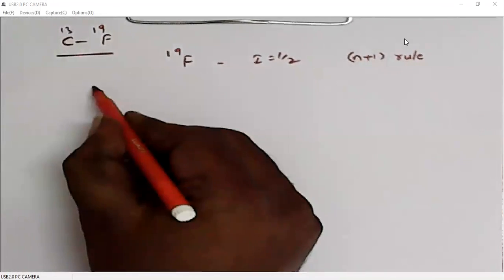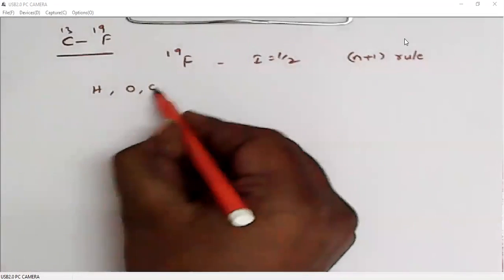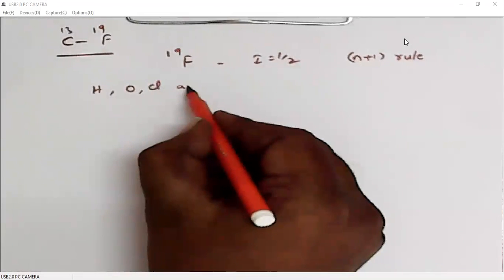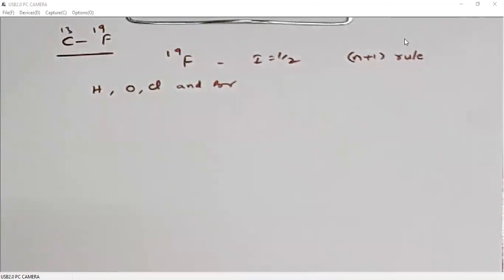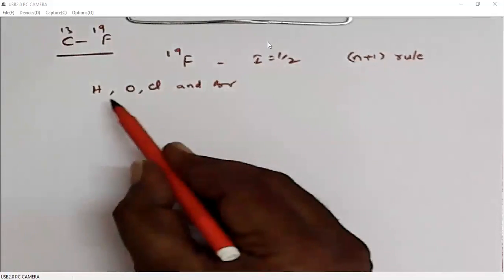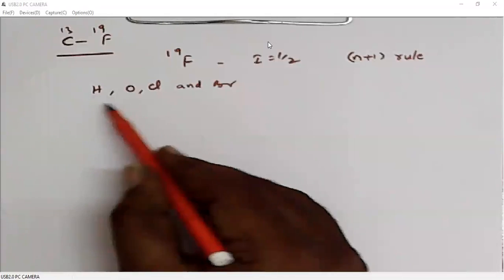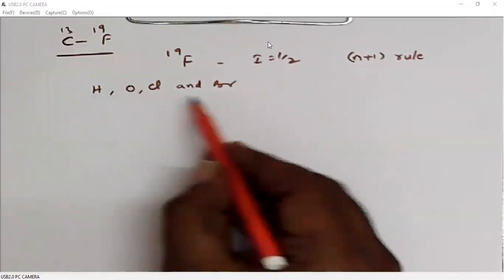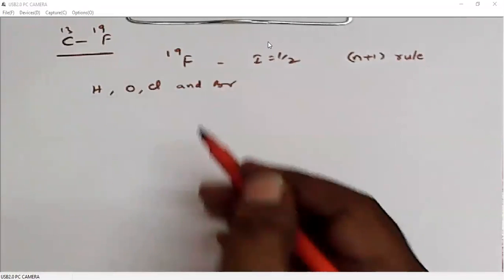Of course, hydrogen, oxygen, chlorine, and bromine, their spins don't interact with the carbon, so we don't see any multiplicity arising from the coupling between proton and carbon, or oxygen and carbon, or chlorine and carbon, or bromine and carbon.